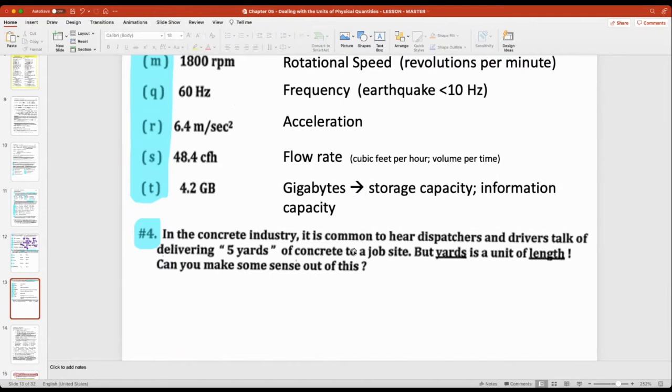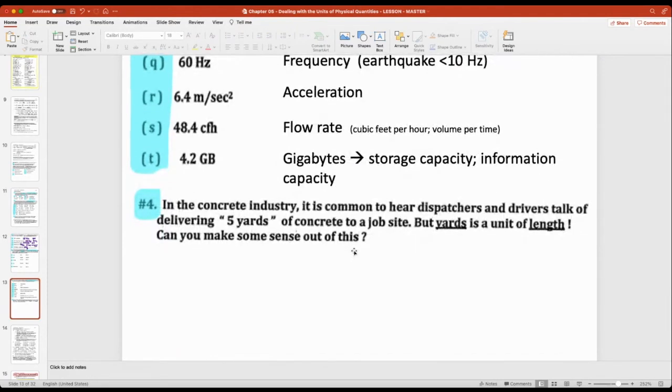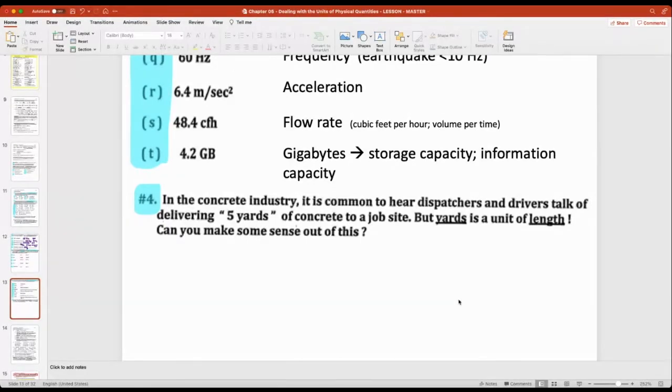Okay, there's one last question here. It's talking about the construction industry. So it says here, just read the question for a second. I'll be back in 20 seconds.